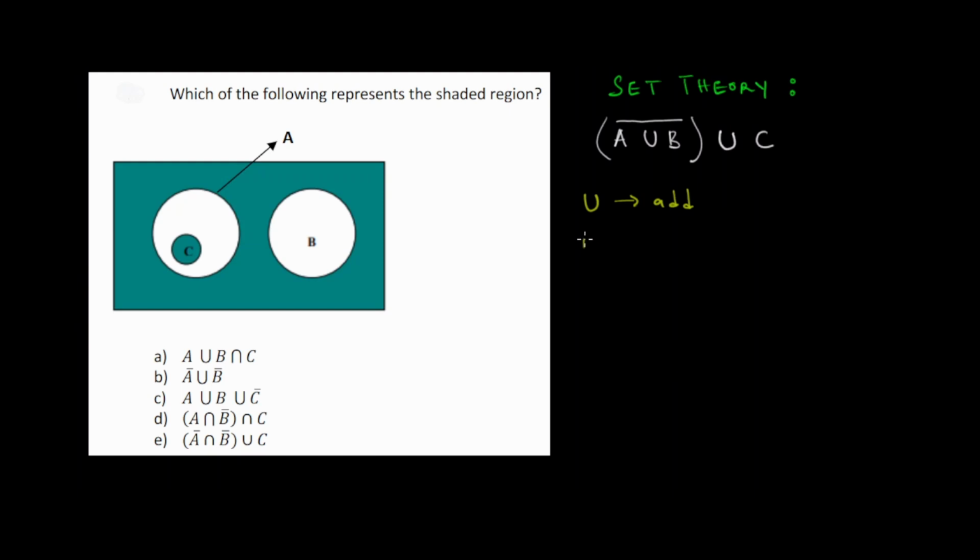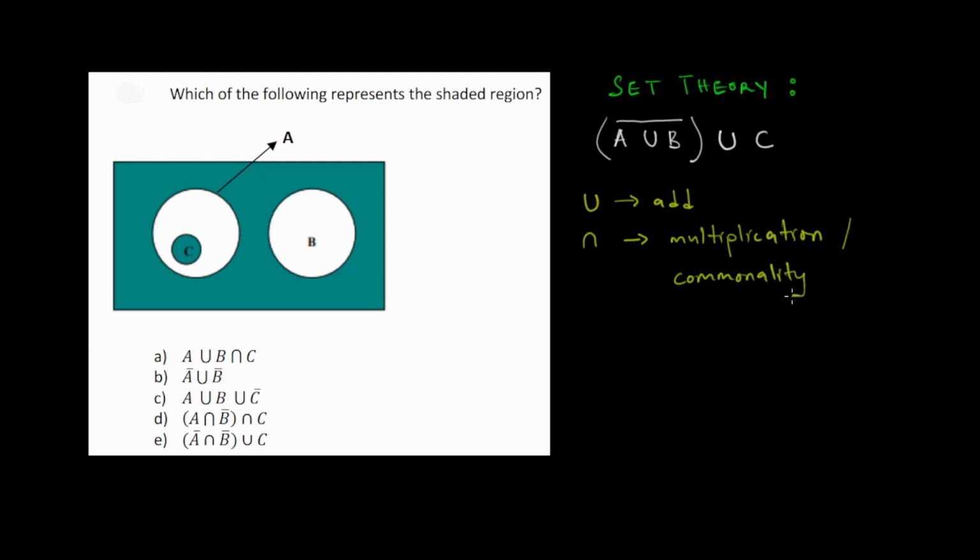Then an intersection usually refers to multiplication, that is in the sense of probability, but when we talk about sets, of course we are referring to commonality.